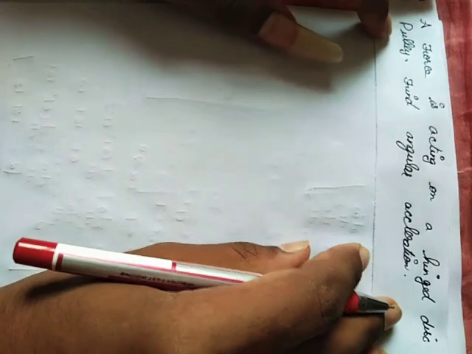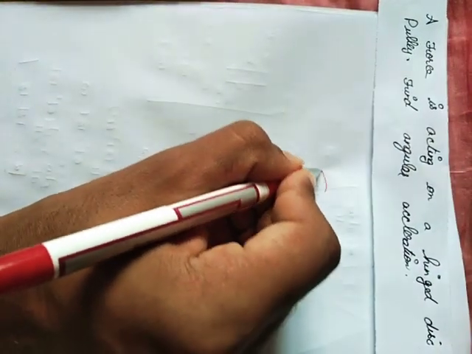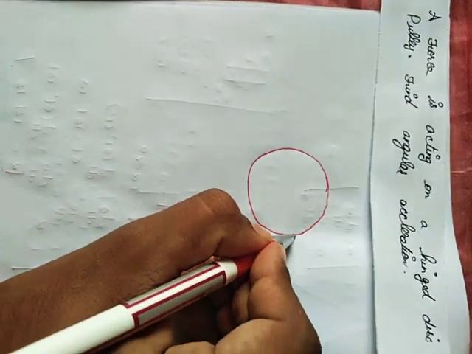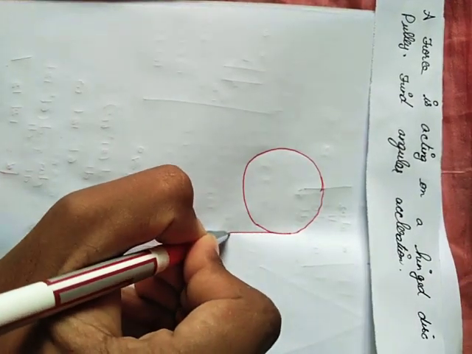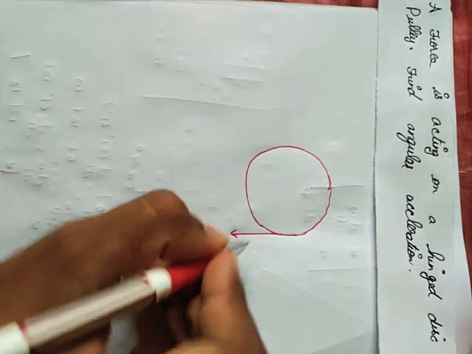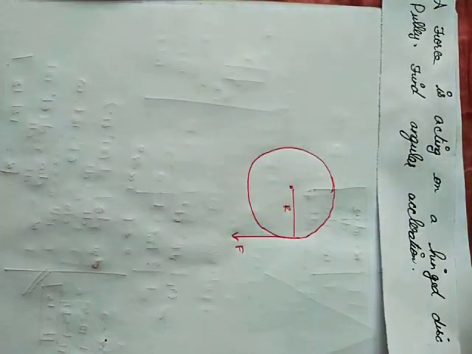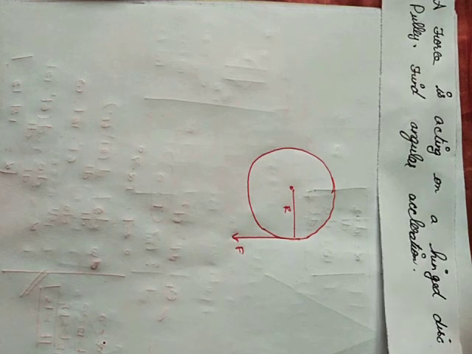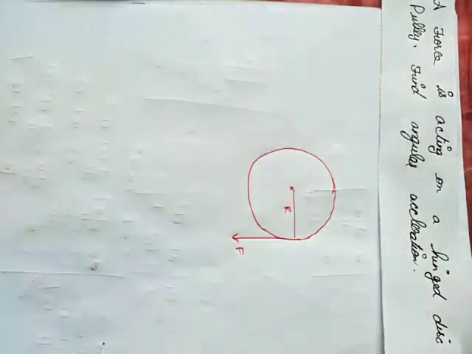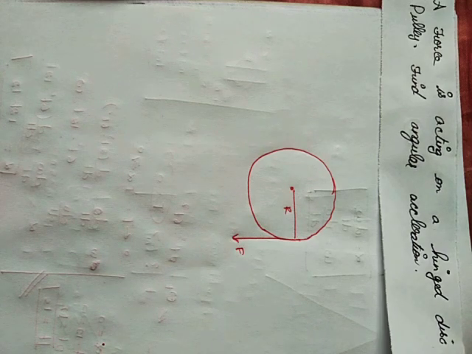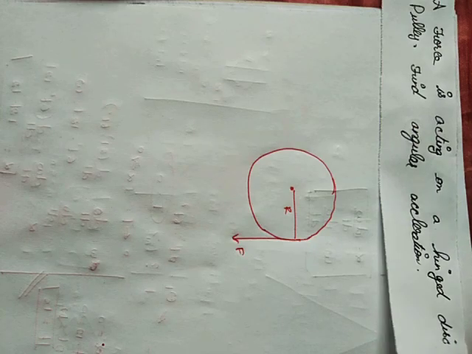Find the angular acceleration. Suppose this is a disc, and the force is acting on the hinged disc. A pulley looks like this shape. Find the angular acceleration, that's the question. It is said to be a non-equilibrium case.